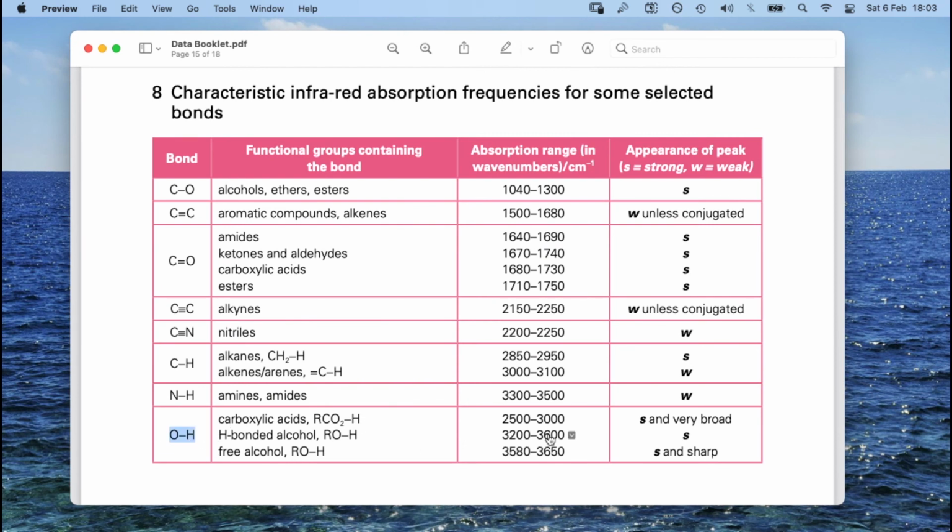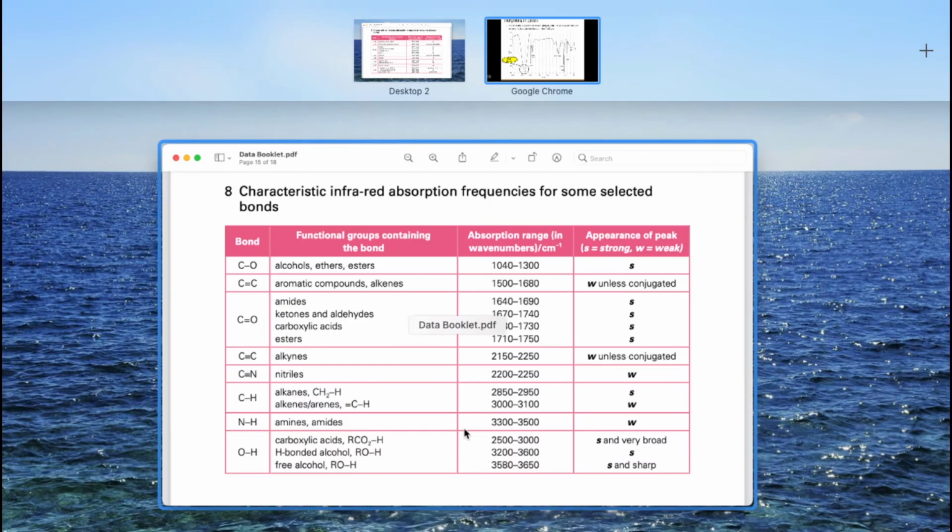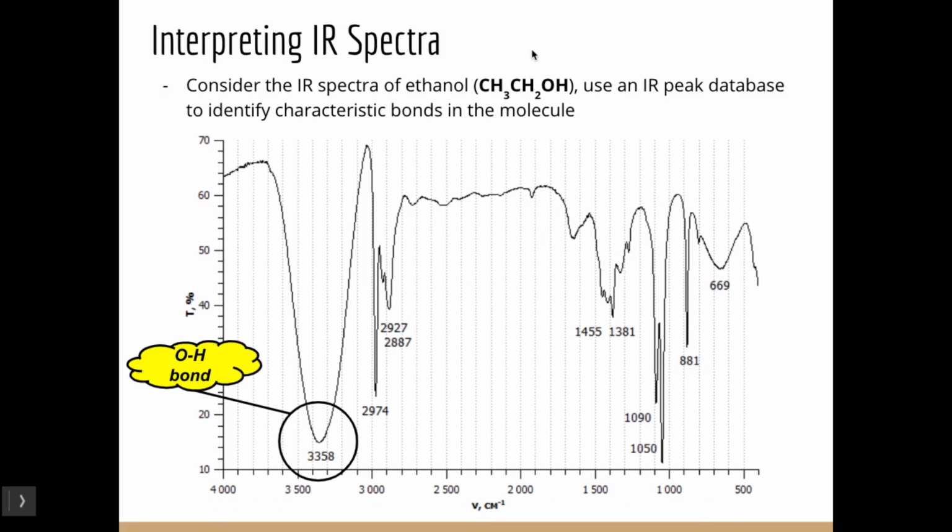So we're going to have a strong, sharp peak between the region of 3200 to 3600, or 3580 to 3650 if we're considering the hydrogen bonding. Well, let's just keep it simple. And that's exactly what we see here. This one is 3358, so we're lying right in that range there. So that's telling us we've got a hydroxyl hydrogen-oxygen bond.